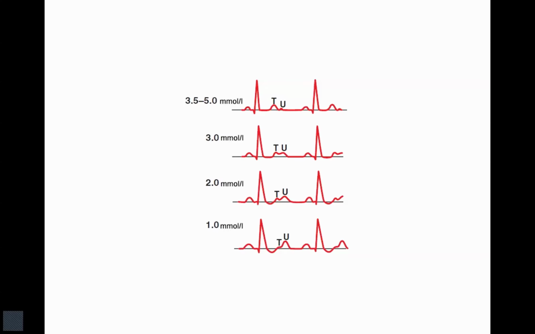On this one, the U wave is almost more prominent than the T wave, and you have distinct T wave flattening. Then we get down to a potassium of 1, which is really hard to survive, right? You have a much more prominent U wave and a barely discernible T wave.